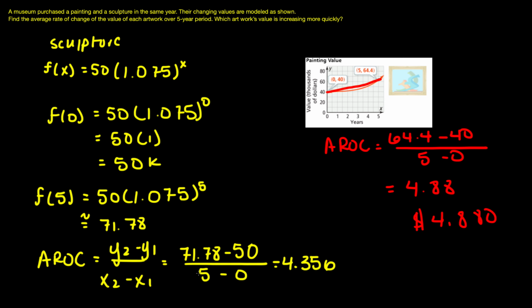I said 480, but it's 880. And this one is $4,356 per year on average. So over the next 5-year period, the value of the painting increases at a greater average rate than the value of the sculpture.